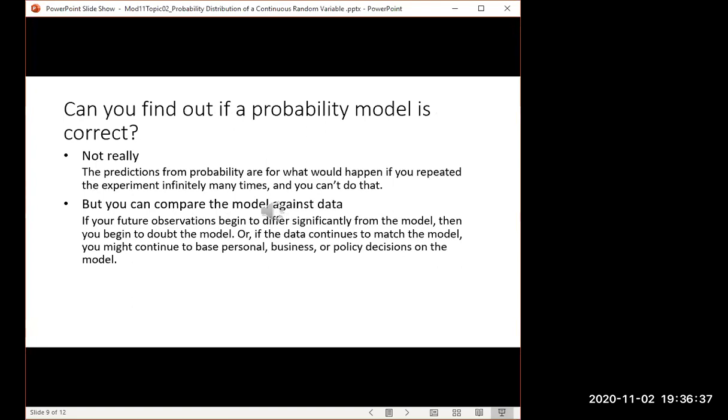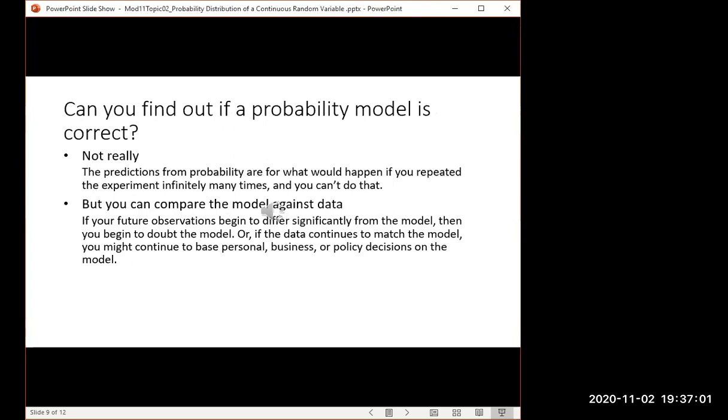So can you ever find out for sure if a probability model is really correct? No, not really, because you can't repeat the experiment infinitely many times. But you can compare the model against data and try to decide if the difference between them is or is not significant.